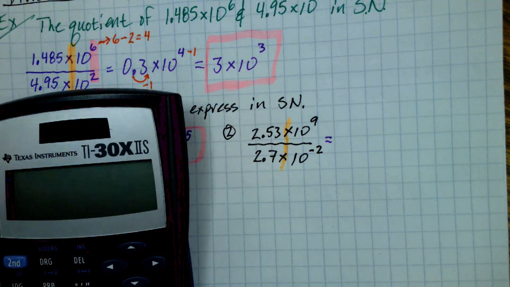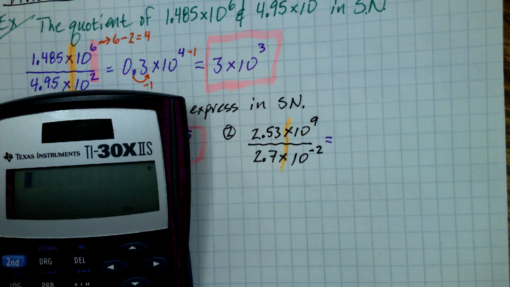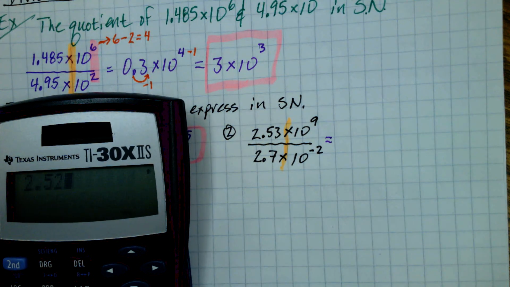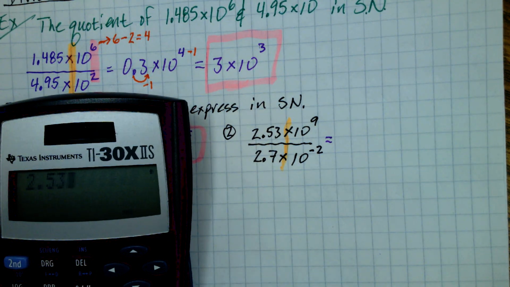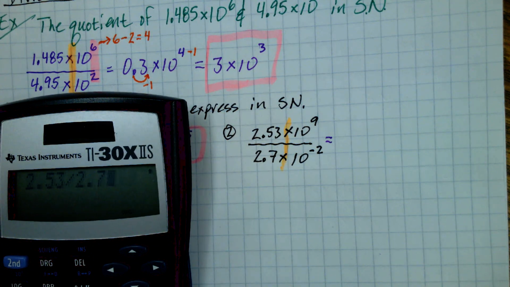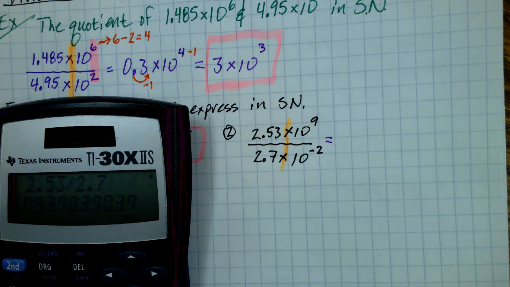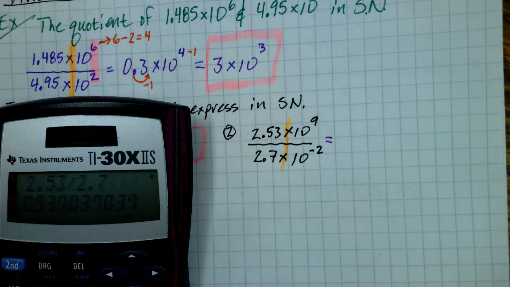So let's do that. 2.53 divided by 2.7. And I get, oh, I get a repeating decimal. Okay, that'll happen.